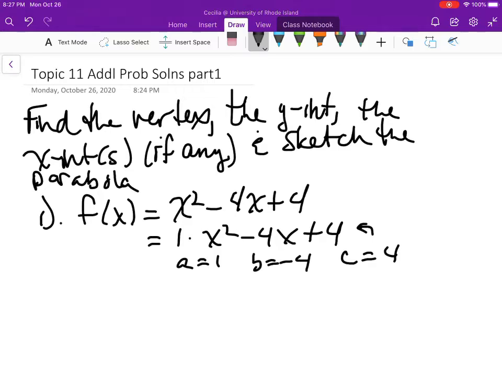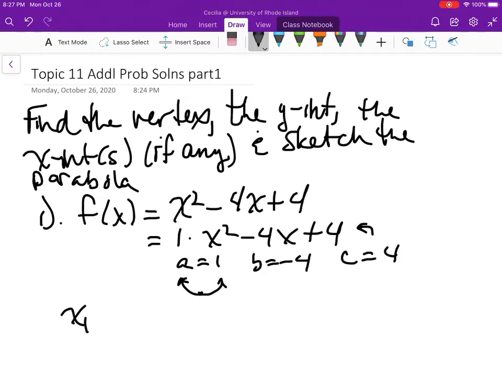So we already know, because a is positive, smiling, that it's going to be opening up. And so our vertex will have to be a minimum. So let's find what that is.